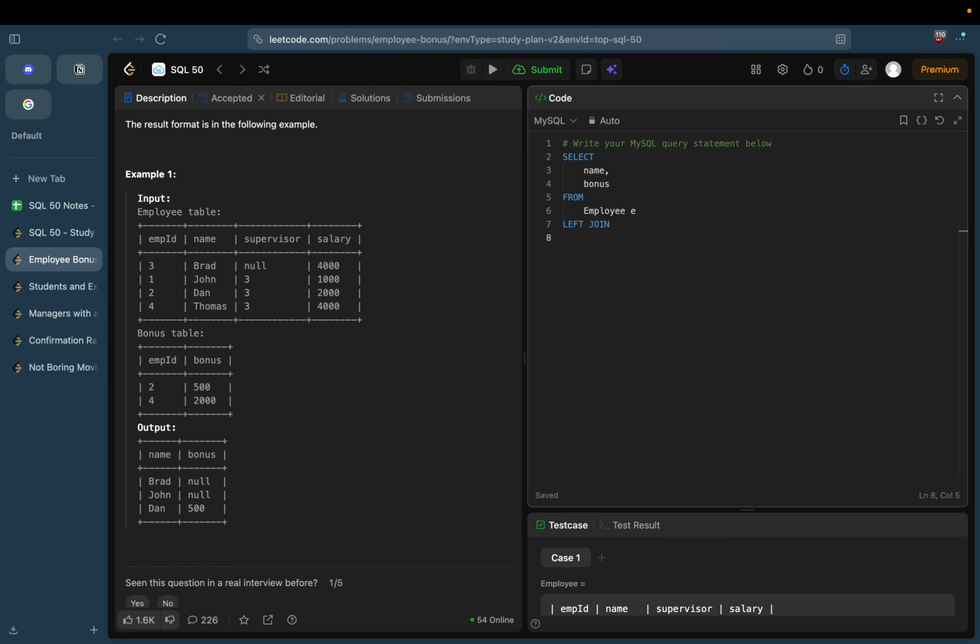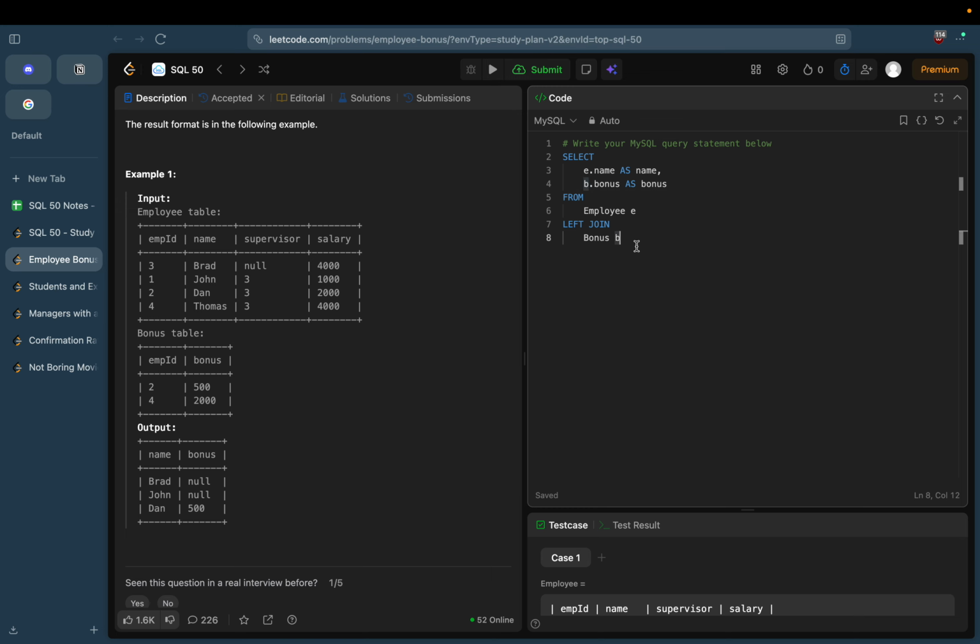As we discussed, we want all the employees in this solution. Left join on bonus, call it b. I can now write it as e dot name as name, and b dot bonus as bonus. Yes, these are the columns.